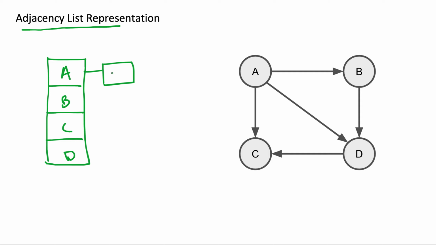So here I will be writing B, then I can write C, then I can write D. Okay, and for B we have only one adjacent vertex, that is D.